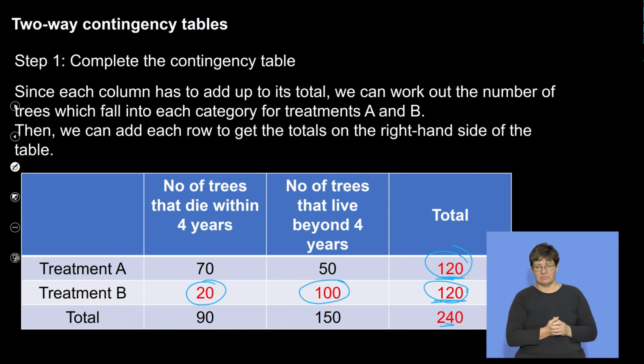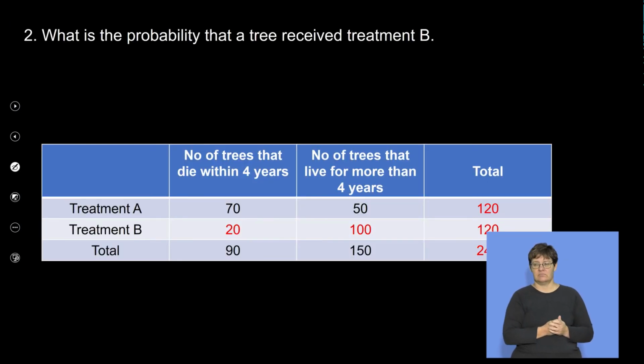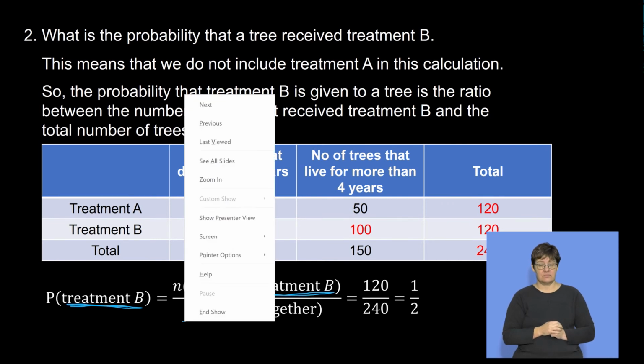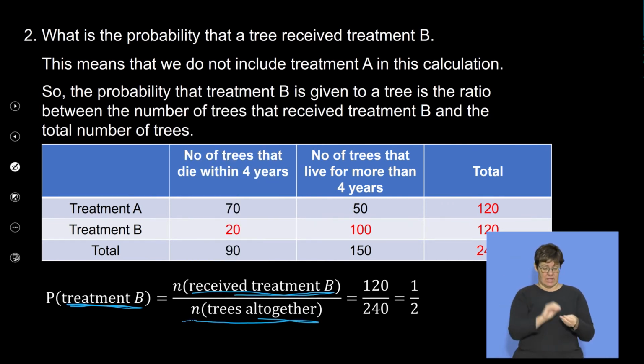Let's see. Now, the question is: the probability that a tree receives treatment B will be what? How many are in treatment B, over the total number of trees altogether.